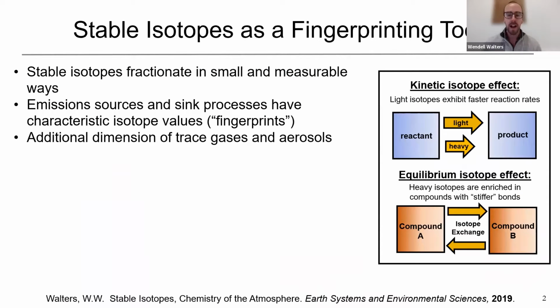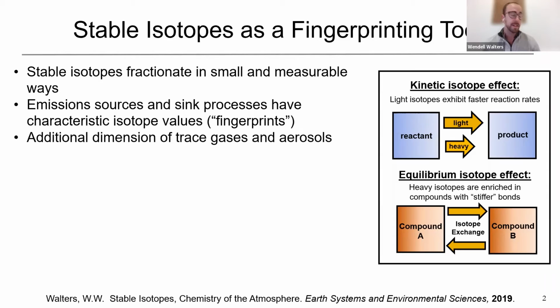Not all of us here have a background in isotope geochemistry, so I'll highlight how stable isotopes can potentially be used as a fingerprinting tool. Stable isotopes fractionate in small, measurable, and predictable ways. We can think of these fractionations as a couple categories.